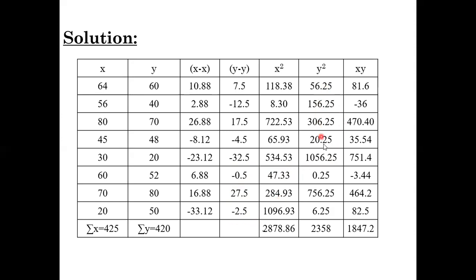So we get the y square column. This will become sigma y square, 2358. What we get is called sigma y square.